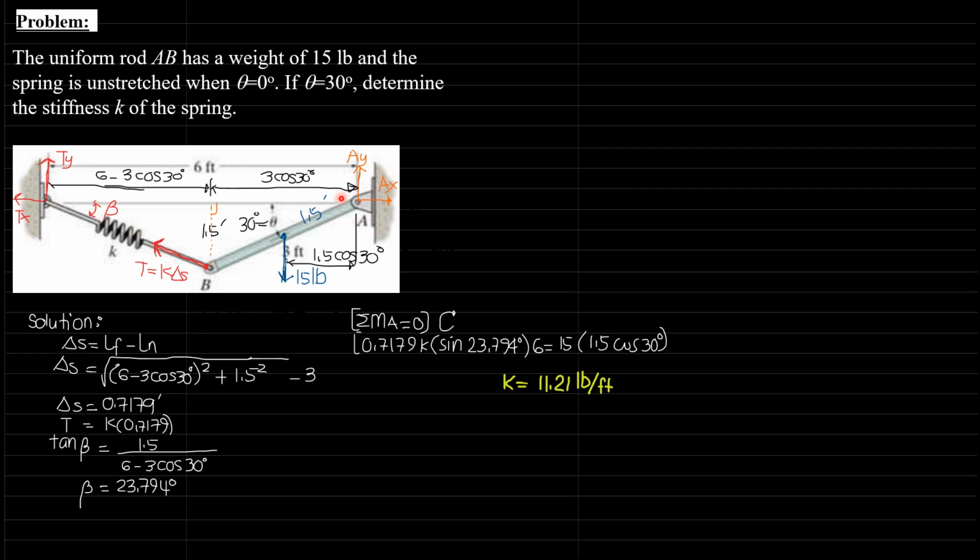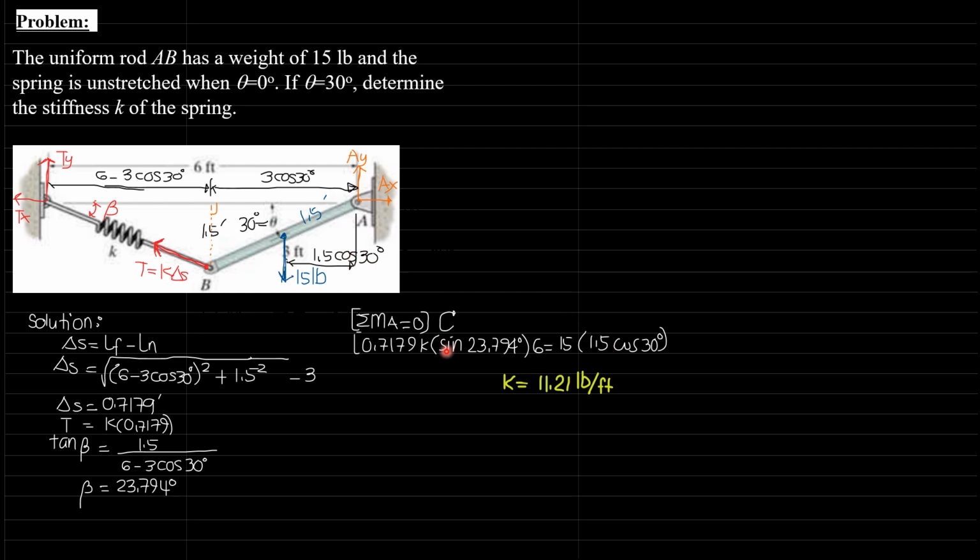So the summation of moments about A equals 0, clockwise positive. Ty, which is tension 0.7179 K times sine of 23.794, is the vertical component of the tension force in the spring. Then times the moment arm, which is 6 feet, it is equal to the moment of the weight of this bar, which is 15 times quantity 1.5 cosine of 30 degrees.